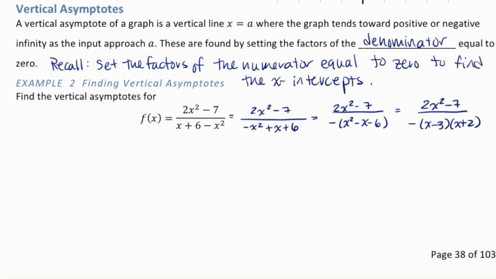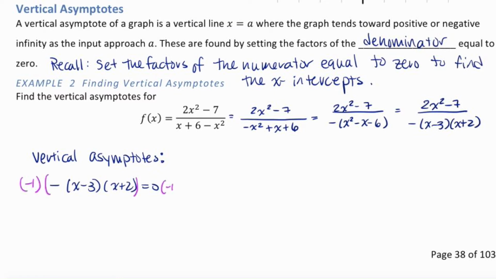So our vertical asymptotes, if you recall from the definition, are found by setting the factors of the denominator equal to 0. So we can multiply both sides by -1 to get rid of that negative, and we end up with x minus 3 times x plus 2 equals 0.